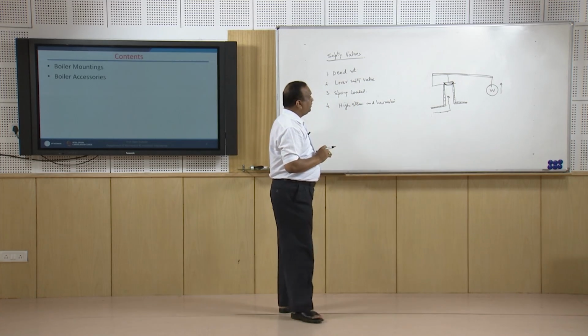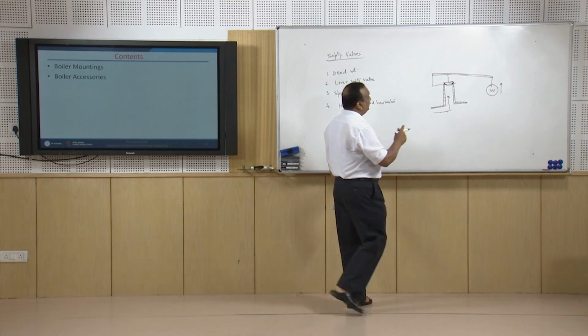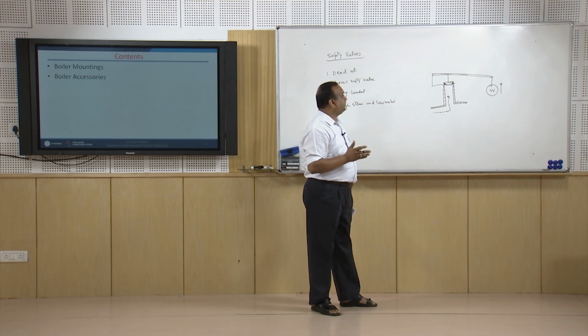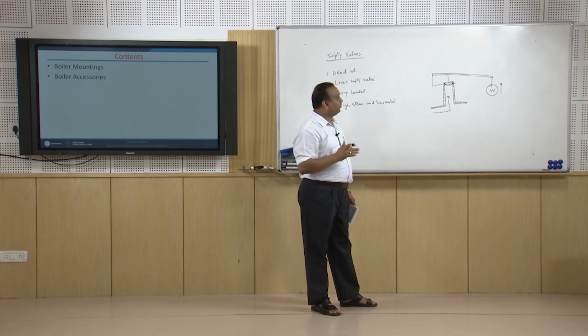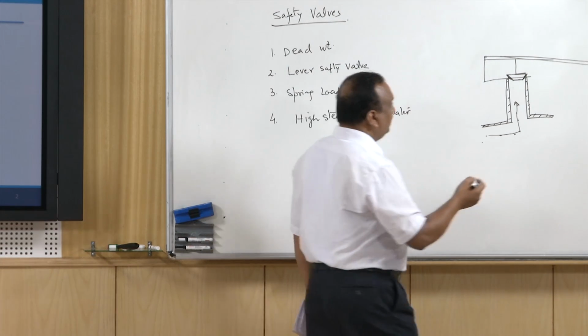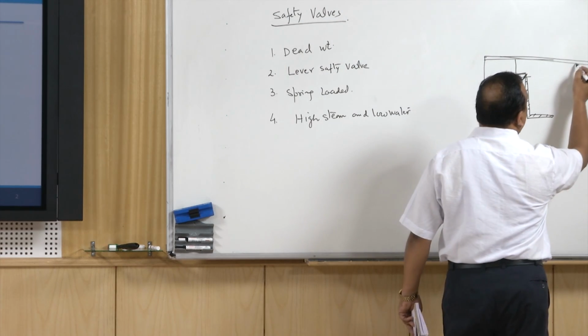Now, I want to operate this lever safety valve at different pressure. Suppose I want to operate it on reduced pressure. Instead of venting off steam at, let us say, 10 bar, it should vent steam at 9 bar or 7 bar. Simply what I will do, I will shift this weight to this place.